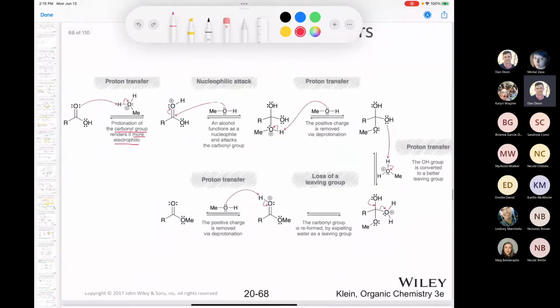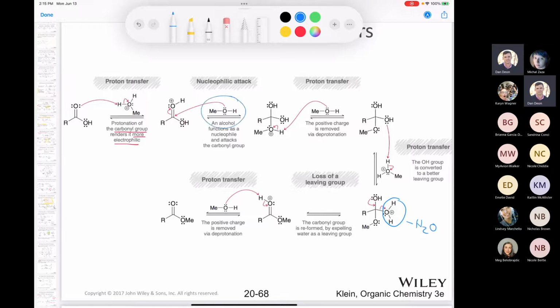Now, again, study this mechanism carefully and notice that every single step in here is in an equilibrium. Everything's in equilibrium, so there's got to be some driving force to push this reaction forward. And we notice that in this step right here, we end up losing water, so minus H2O. So let's go back. We have our proton transfer in the first step.